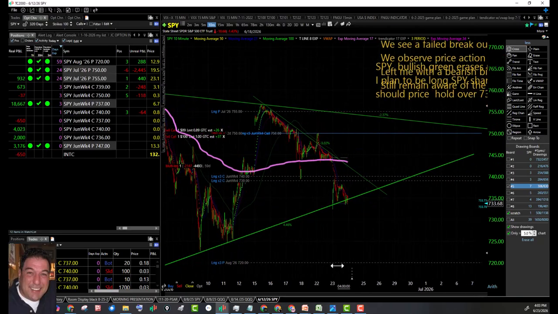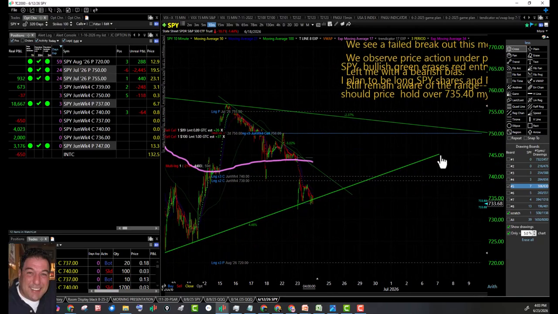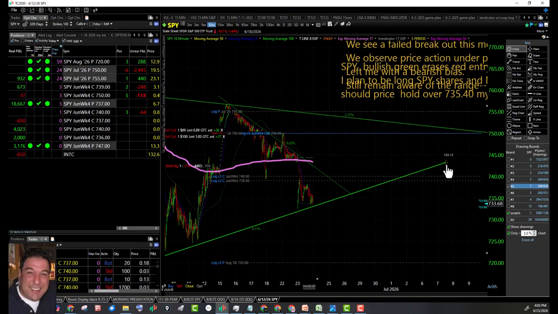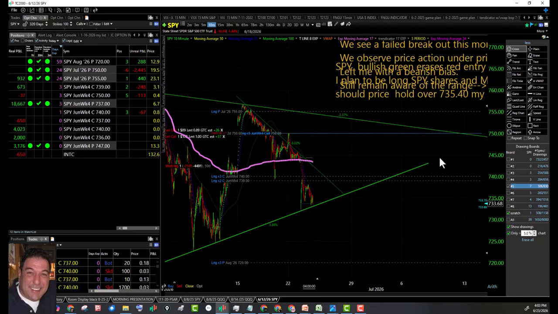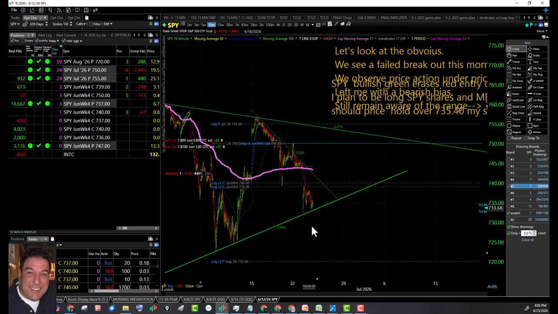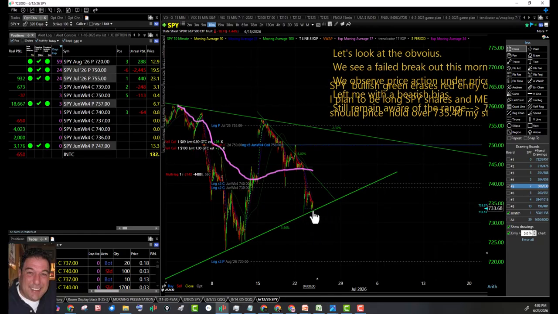Move this over. Just kind of tip this, and then move it up right there. Okay. So there we are with our uptrend line, and I think we probably failed to make a significant lower low and wind up coming back up here.